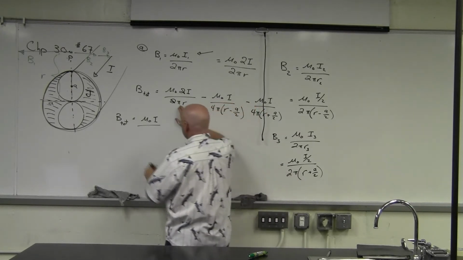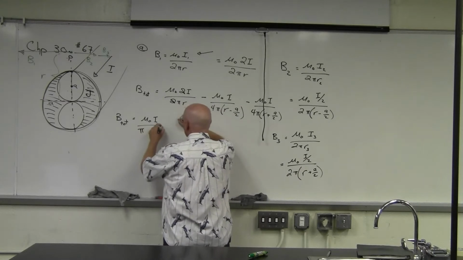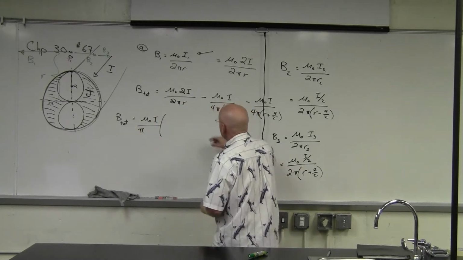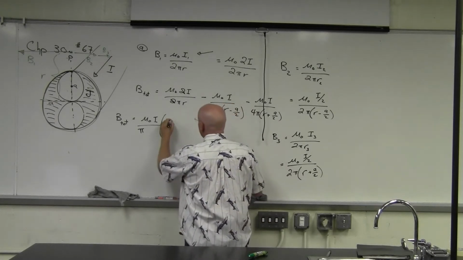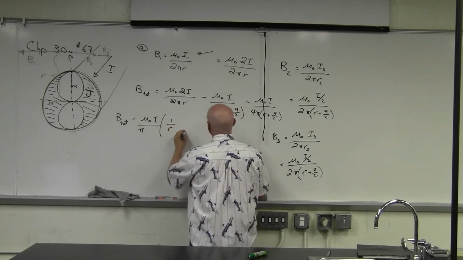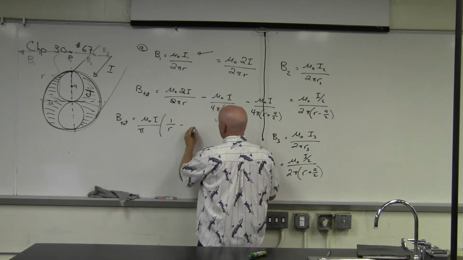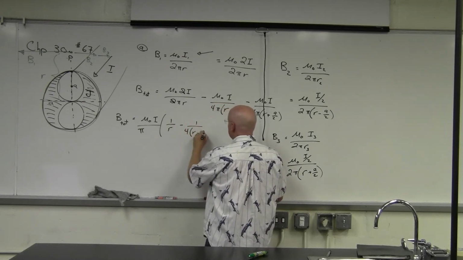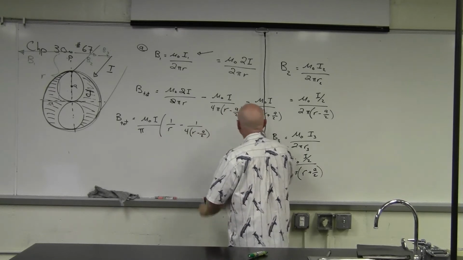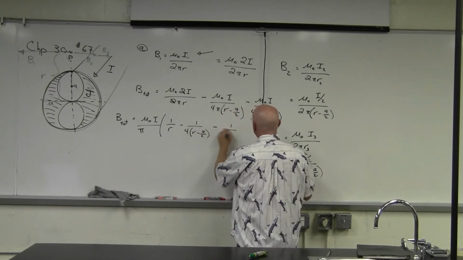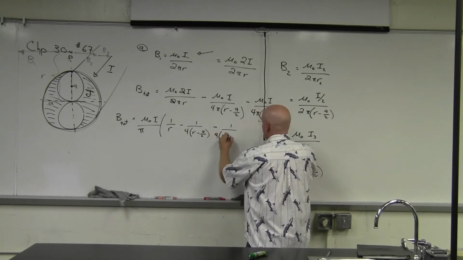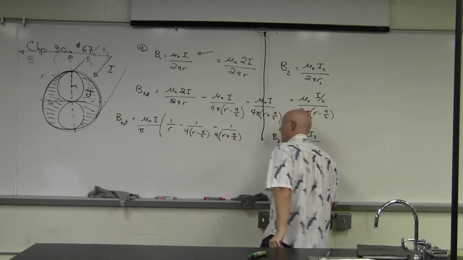Maybe I'll also factor out a pi, and I guess that would leave a 1 over r here. That would leave a 1 over 4 times r minus a over 2. And another minus 1 over, and I factored out a pi, so that's a 4, and that's an r plus an a over 2.